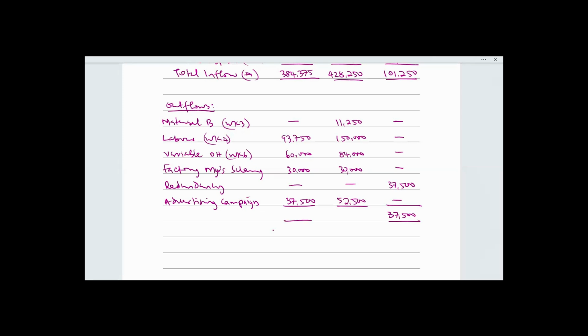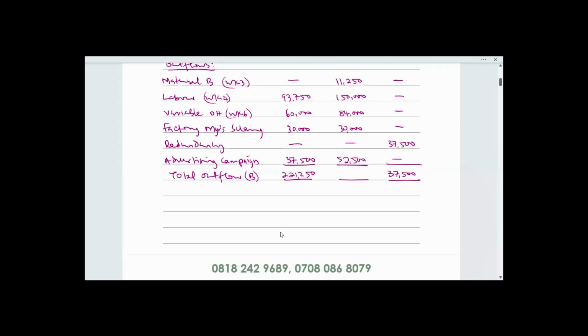For the 25,000 units, 221,250. Thank you. This is total cash outflow, which is B. For the 35,000 units, 327,750.